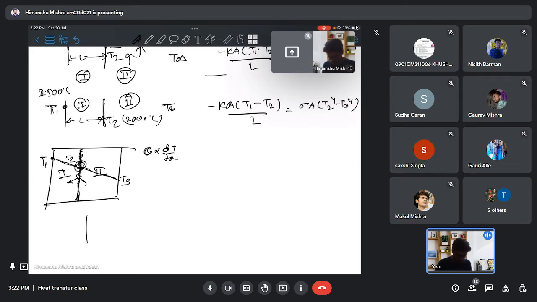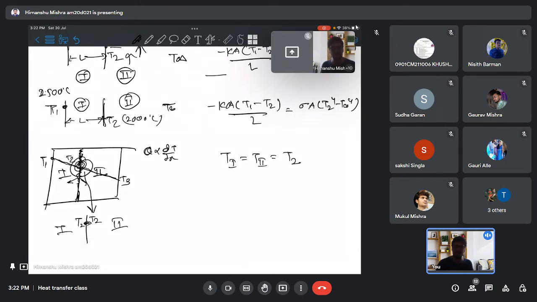So for example, here my temperature should be T2, and here just at the right side my temperature should also be T2. I'm talking about this region. This is my first slab and this is my second slab. So at the interface, my temperature should be equal, which is T2.